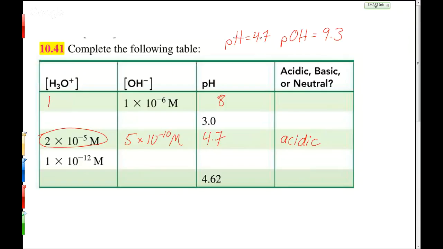So then the hydronium ion concentration is 1 times 10 to the minus 8th. Same thing here. We can go like that because of the pH of 3. And then the hydroxide concentration has to be 1 times 10 to the minus 11. All right, this kind of stuff will be on the quiz on Thursday.